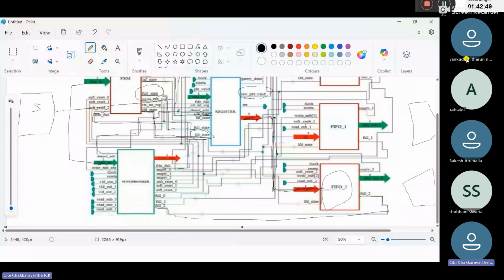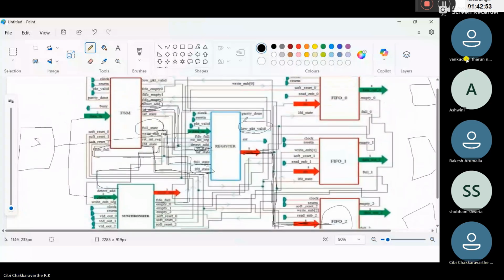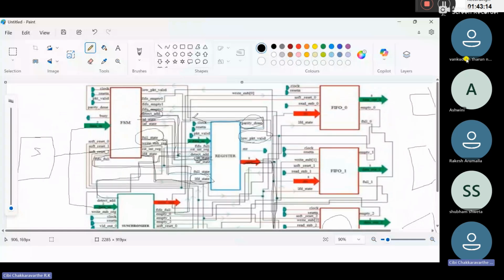In our register there is a signal called parity done. After checking all the parities and sending the data to FIFO 2, to the destination, our parity done signal from the register will be asserted and it will be moved to the FSM.